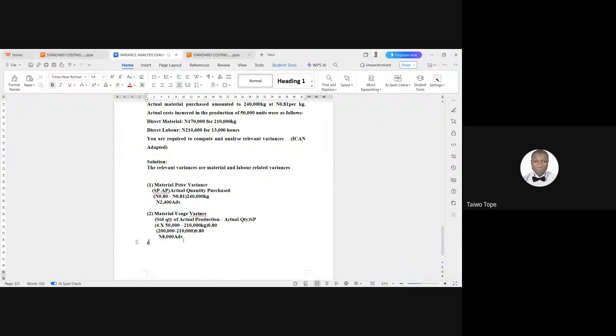What kind of variance can we compute? Direct labor rate variance. Our formula is what?